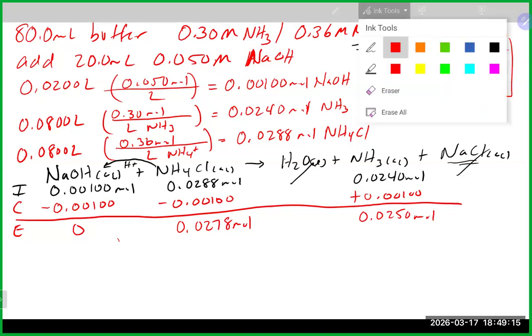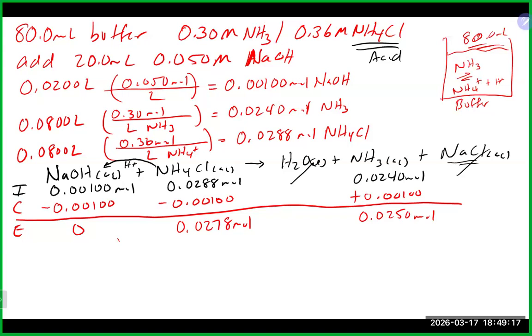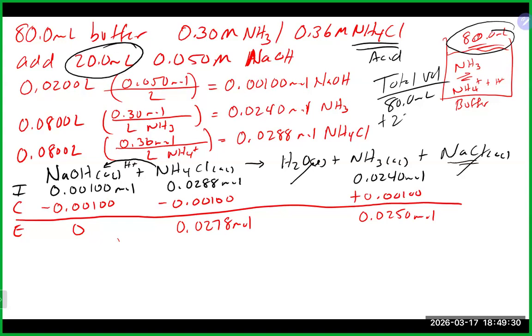We want to convert these moles back into molarity. So we're looking at our total volume at this point. So obviously we had 80 milliliters of our buffer, and to that we added 20 milliliters of base. That's going to give us a total volume here of 100 milliliters, which means we're going to divide each of these by 0.1 liters to convert these guys back into molarity.